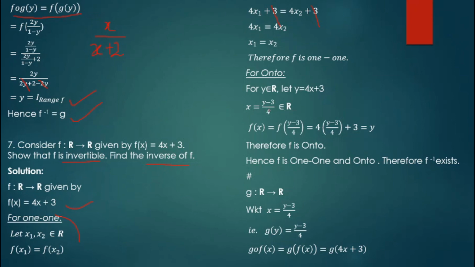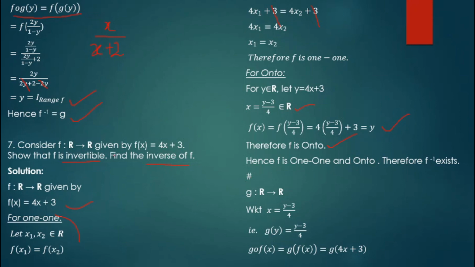Obviously when we substitute values it will belong to real numbers. Next, f of x is equal to, when you substitute it you get y. Y also belongs to real numbers, therefore f is onto. Hence f is onto and one-one, therefore f inverse exists, that is f is invertible, that we have proved.